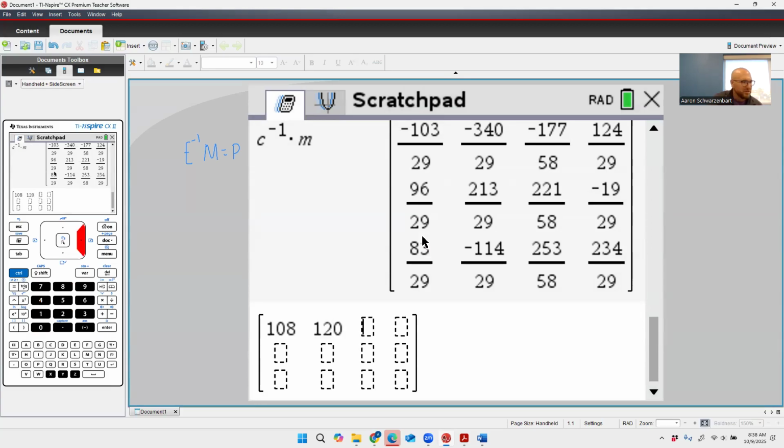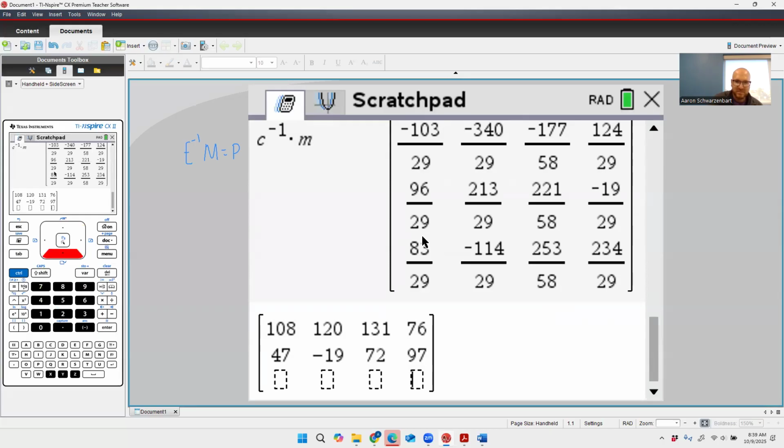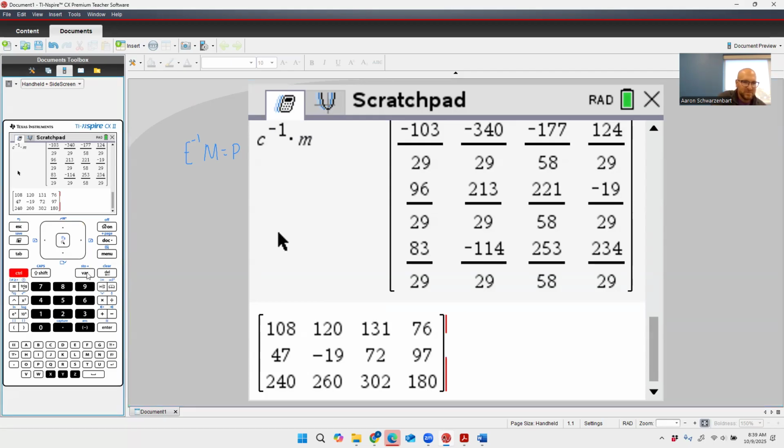It's very important when you're doing these to enter the correct matrix for what you're trying to get, because if you reverse your encryption on the one, that's made out.